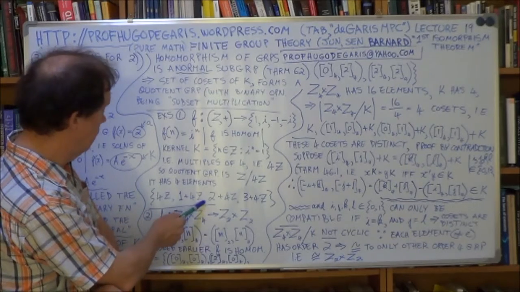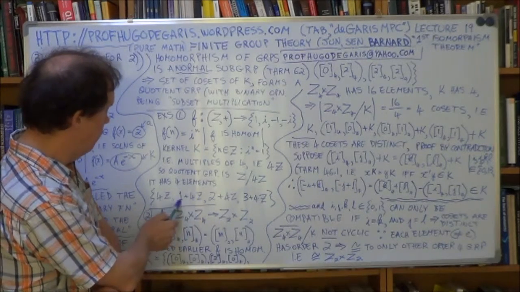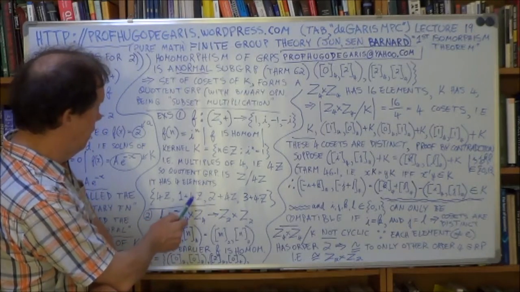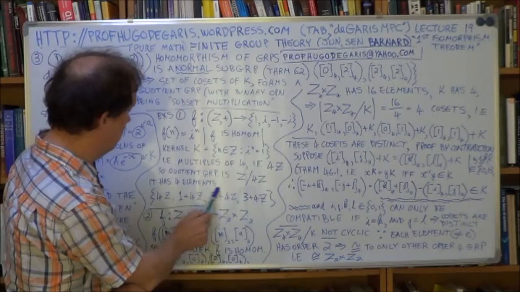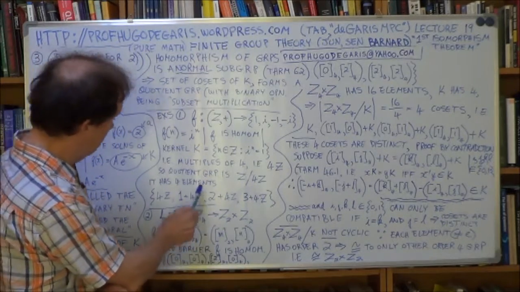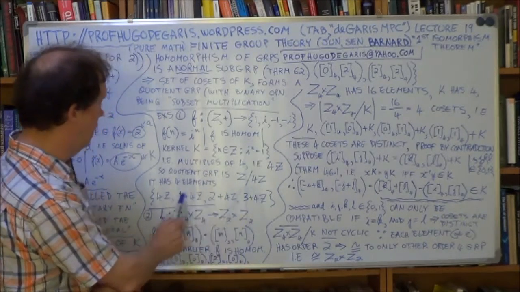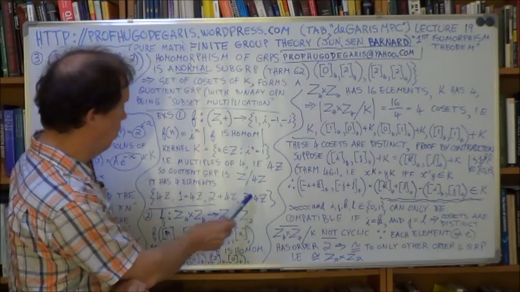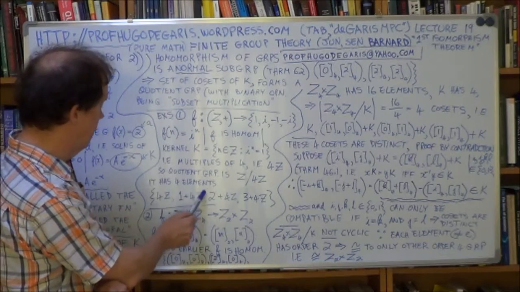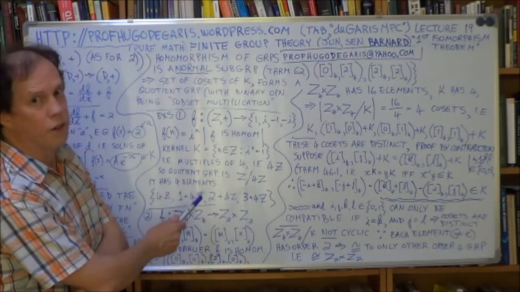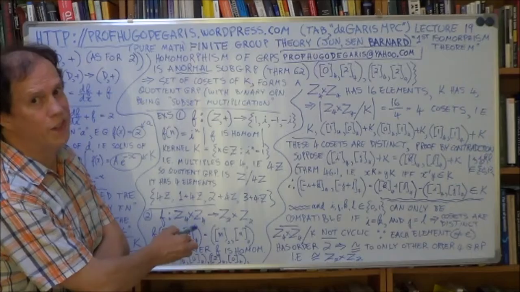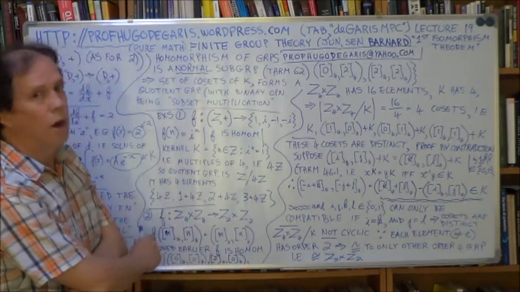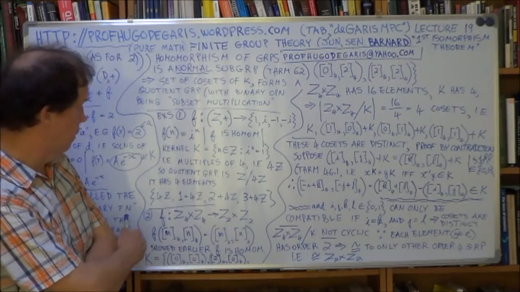If you binary operate this coset with itself, you'll get 2. And if you operate that with this, if you do this 3 times, you get 3. And if you do it 4 times, you'll get this. So you've generated all 4 cosets using this. So this is the generator, okay? And if a group has a generator, it means it's cyclic. So this is a cyclic group of order 4, okay?